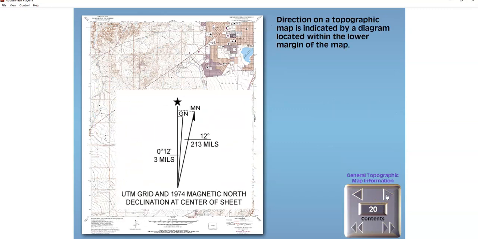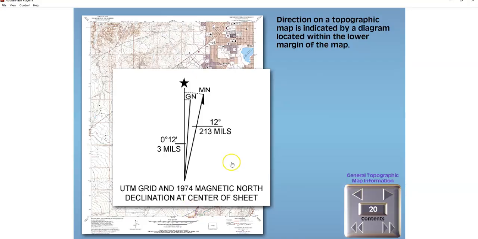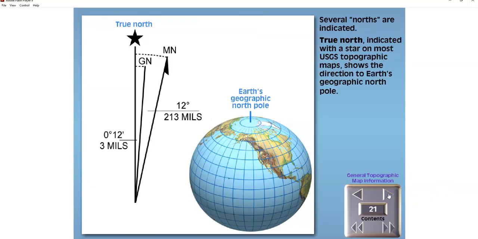Direction on a topographic map is indicated by a diagram located within the lower margin of the map. Several norths are indicated. True north, indicated with a star on most USGS topographic maps, shows the direction to Earth's geographic North Pole.